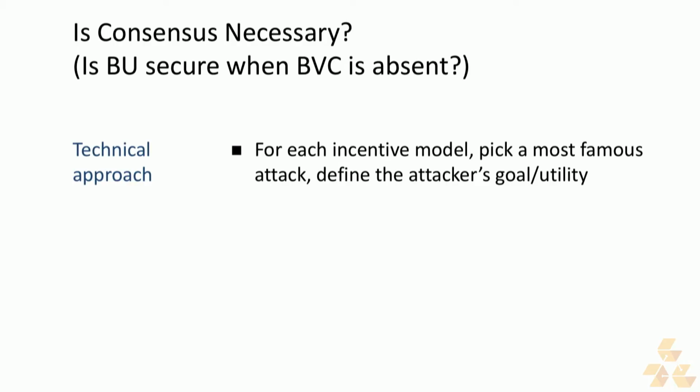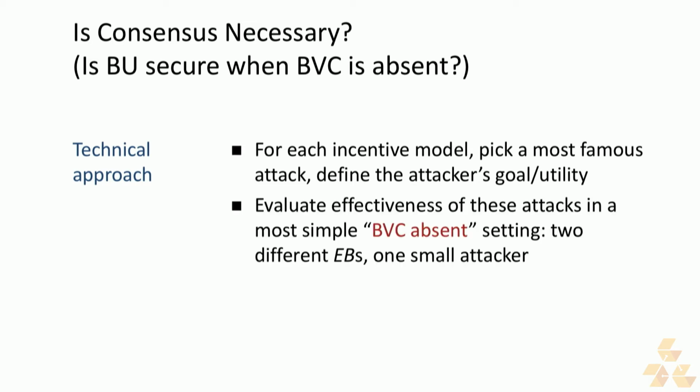So to evaluate the first security claim, we use the following technical approach. For each incentive model, we pick a most famous attack and define the attacker's goal or utility. We evaluate the effectiveness of these attacks in a most simple BVC is absent setting, namely 2 different EBs and 1 small attacker.